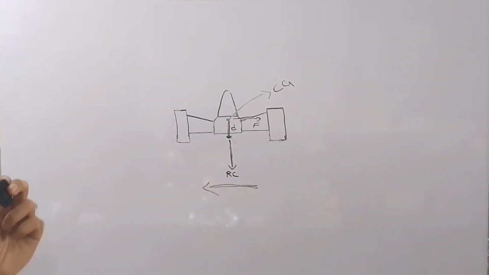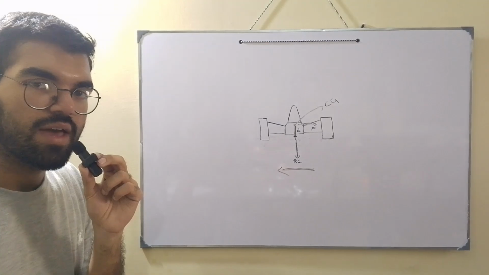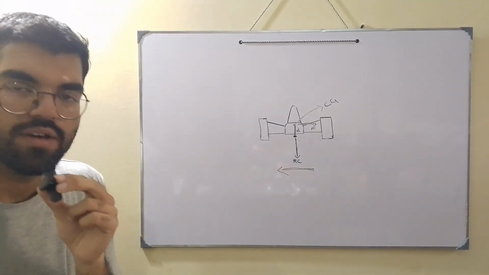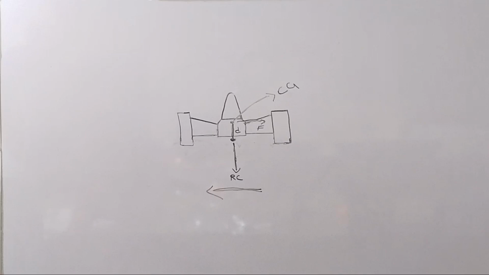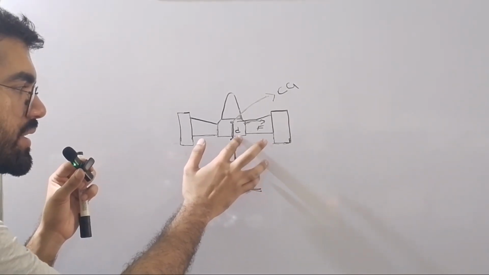Now, if we increase this distance, the roll moment will increase, meaning that the roll of the car will increase. And as the roll increases, it becomes increasingly difficult for the driver to control the car. So it's better to keep the roll to a minimum. And one way of doing that is by decreasing this distance.